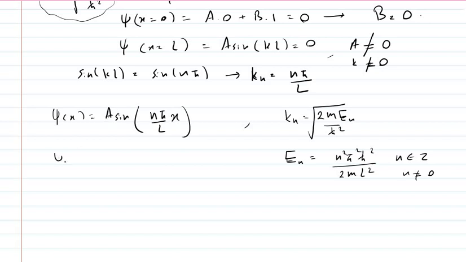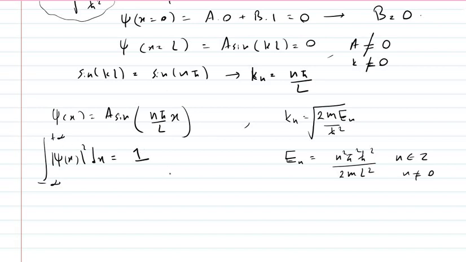That is determined by the normalization condition. The wave function should be properly normalized. It is given by this equation: the wave function's magnitude squared, integrated from minus infinity to plus infinity, should be equal to 1.